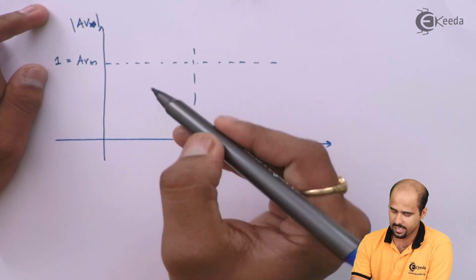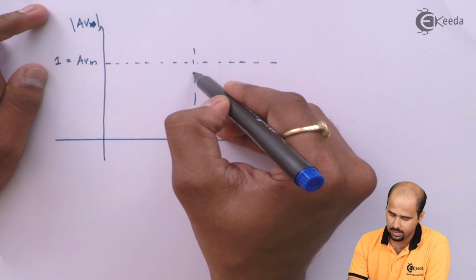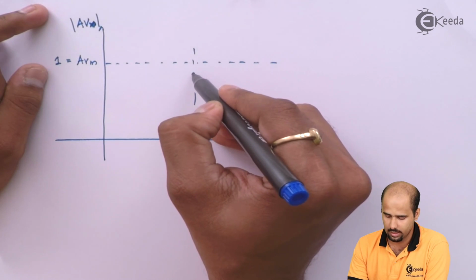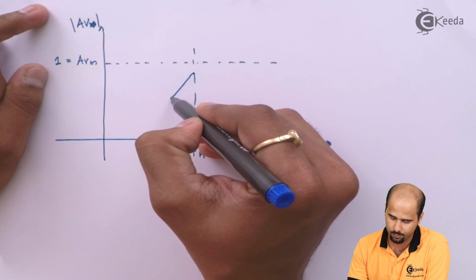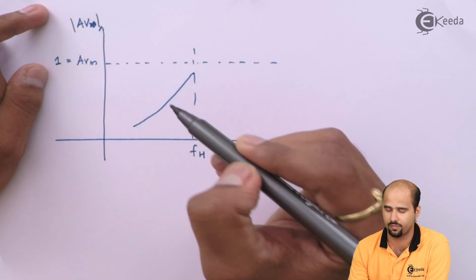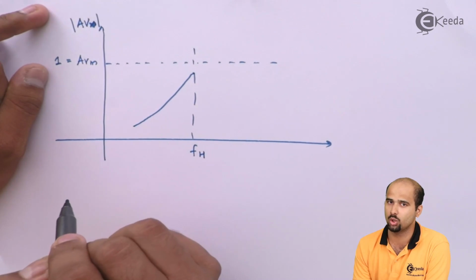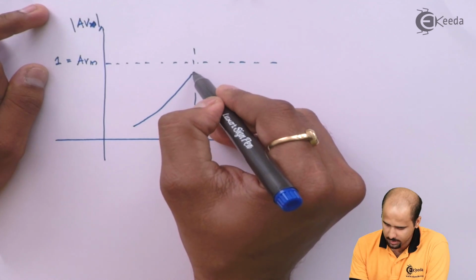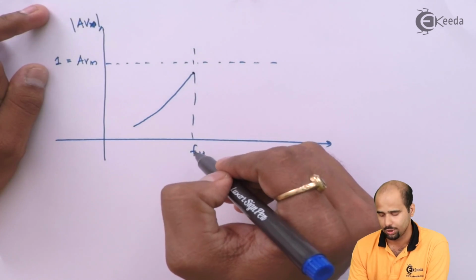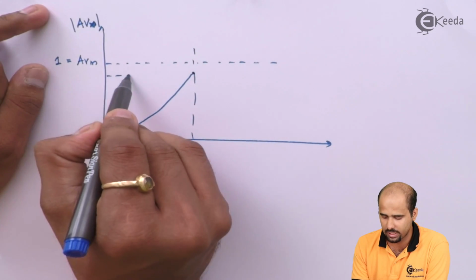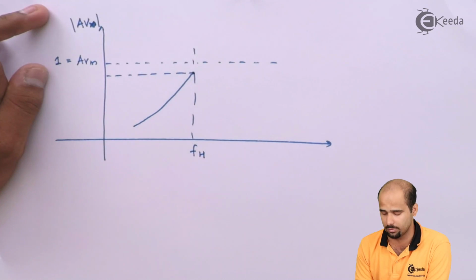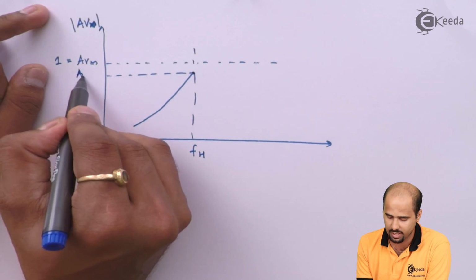As we all know, in case number 1 we have considered that as frequency reduces below the value of fh, your value of gain is reaching towards 0, right? And at the particular value of fh, your value of voltage gain is reaching towards maximum value, but it is not at maximum value.